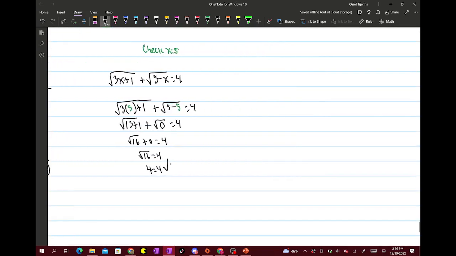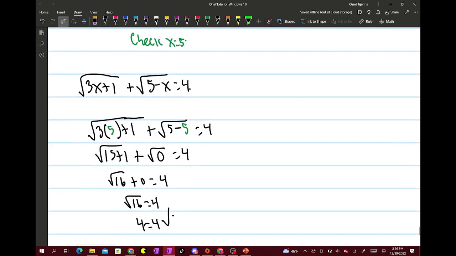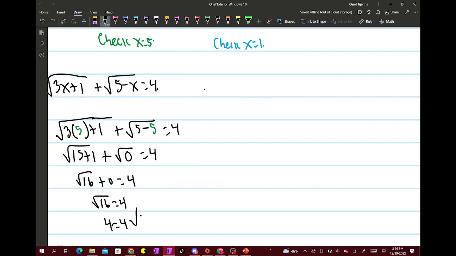And now 1, so we have to do 1. So now we're doing x equals 1. You're going to do the same thing, and it would be the square root of 3 times 1 plus 1 plus the square root of 5 minus 1 is equal to 4.